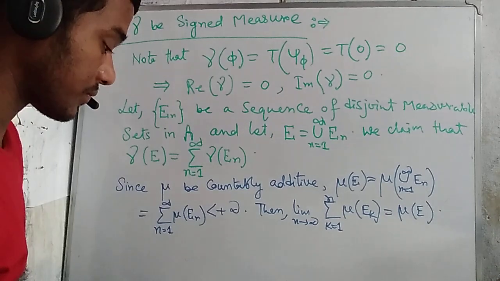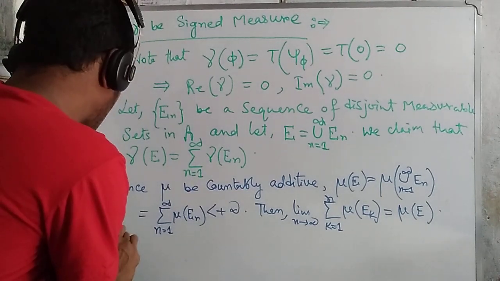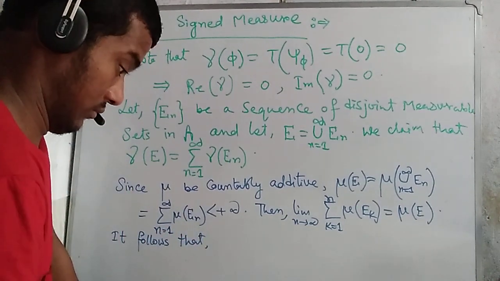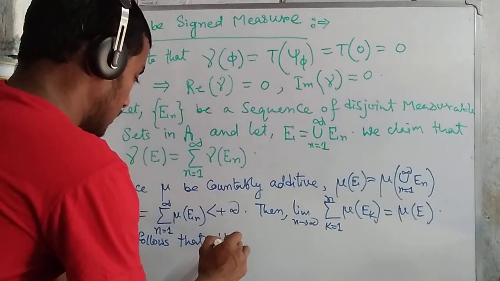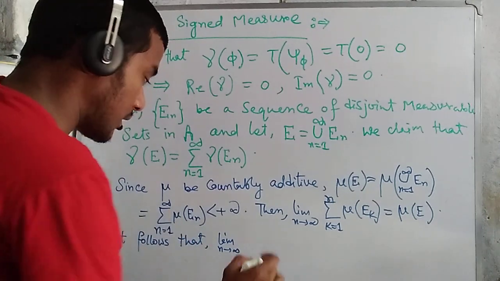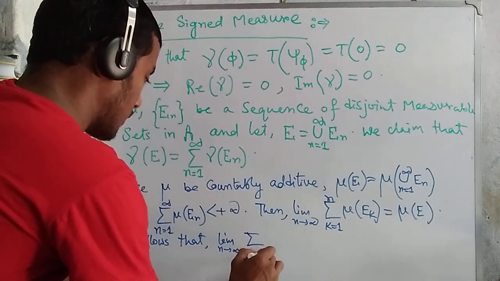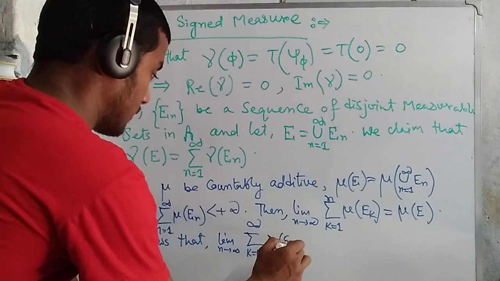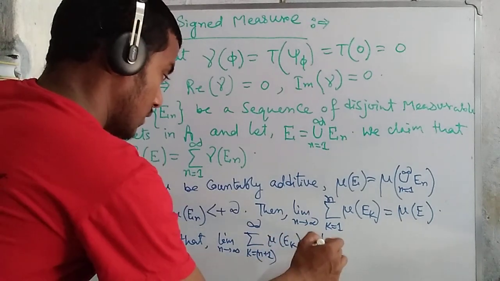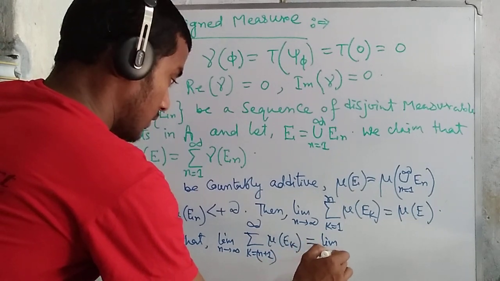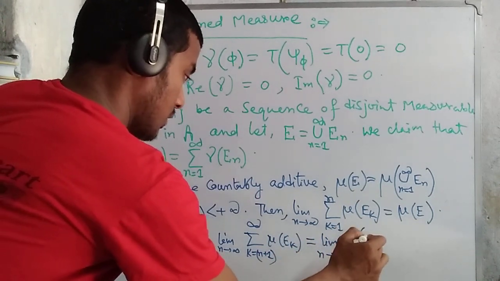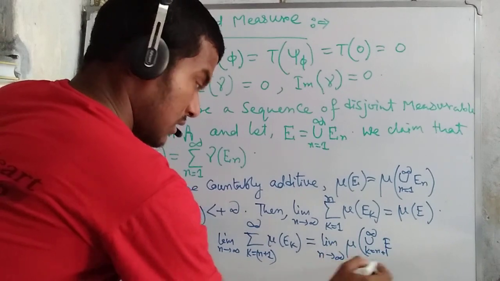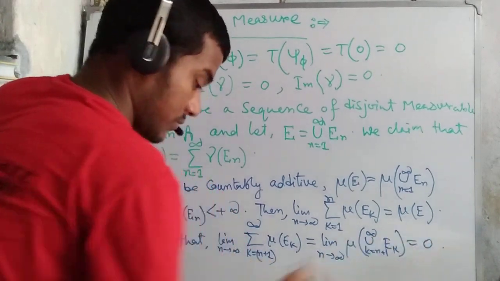Okay, then what happened? It follows that limit n tending to infinity of summation k = n+1 to infinity mu(Ek) equal to limit n tending to infinity mu(union of k = n+1 to infinity Ek) = 0.